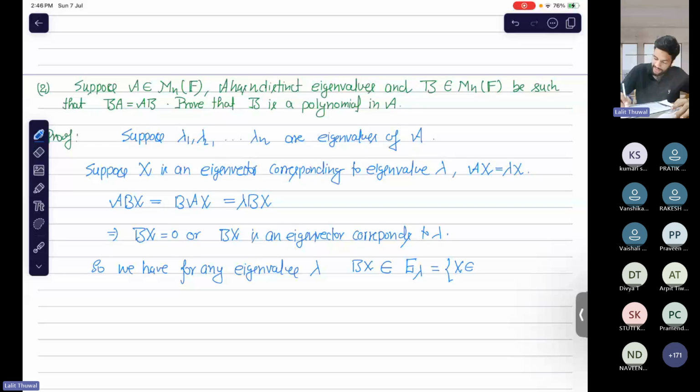It is the set of x, vectors from F^n such that Ax equals lambda x. It can be 0 also, right? x can be 0. This is called the eigenspace E lambda for the eigenvalue lambda. It is clear that Bx is always inside E lambda for any eigenvalue.